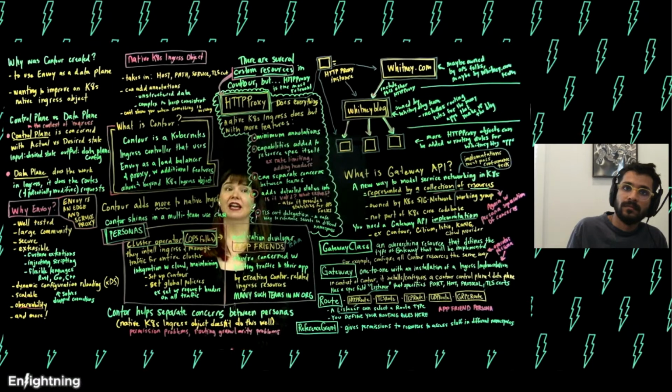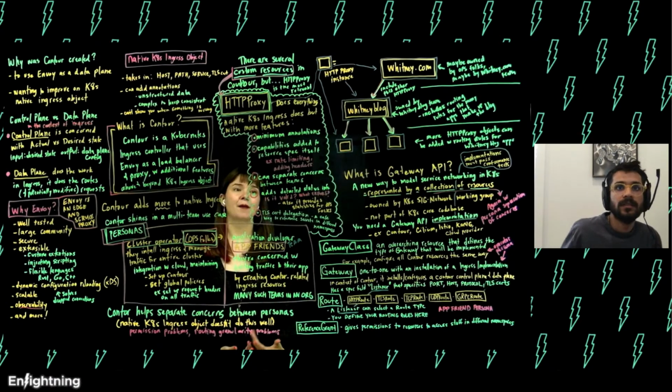The examples you gave are rate limiting and adding headers. But you said there are many examples, so many that we could take up the whole rest of the board with just examples of extra things you could do as part of the spec itself. It can separate concerns between teams, which we'll talk about a little bit in our charts here. It adds detailed status info. So it solves that problem of the native resource not being able to tell you when something's wrong or what exactly went wrong.